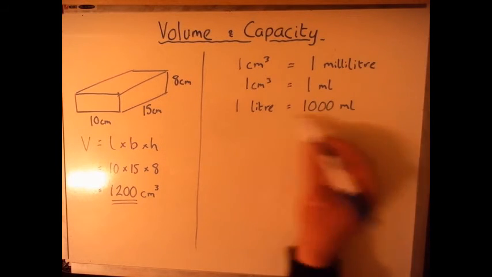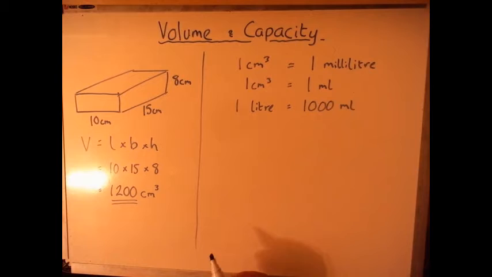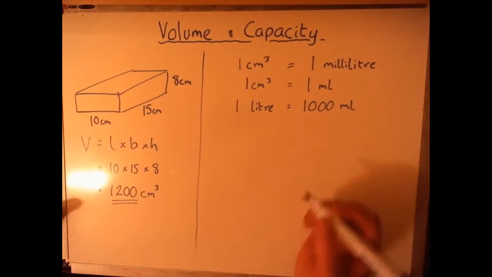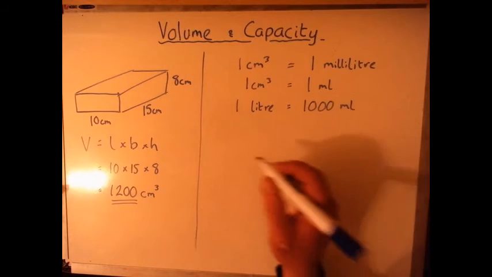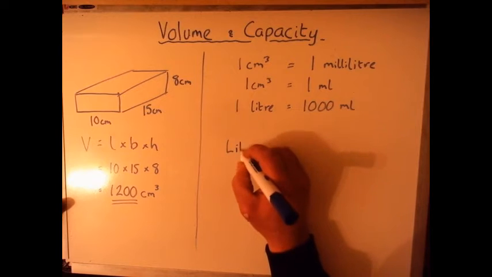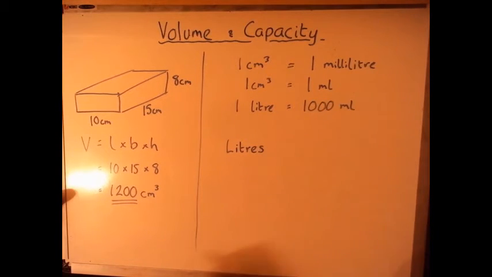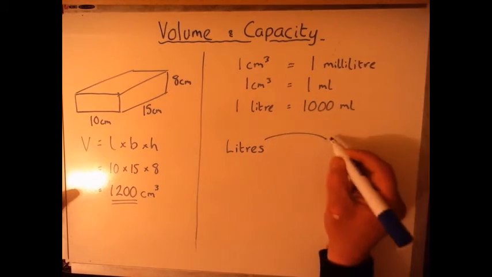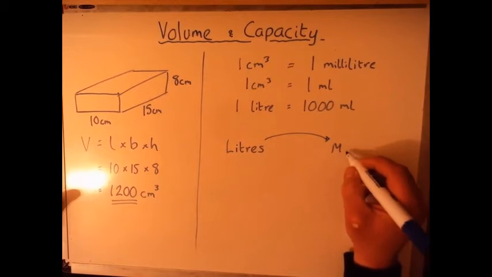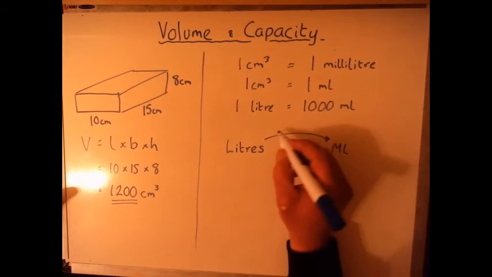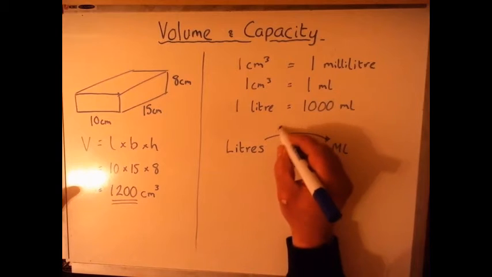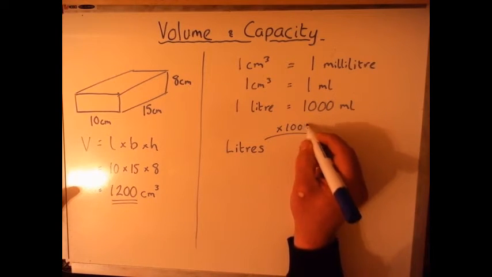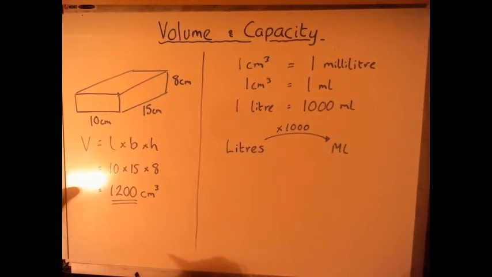And knowing this fact allows us to convert between litres and millilitres. And there's a good way to do it. Basically, if I've got something in litres and I want to change it into millilitres, then all I have to do is take the number of litres I've got and multiply it by 1000.